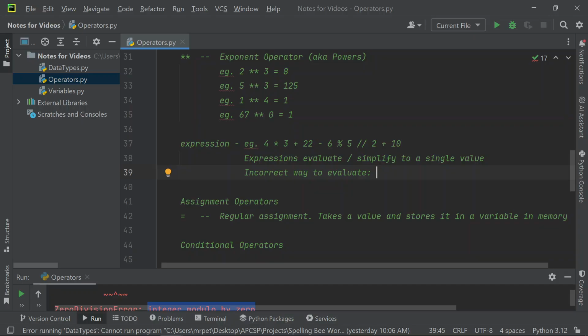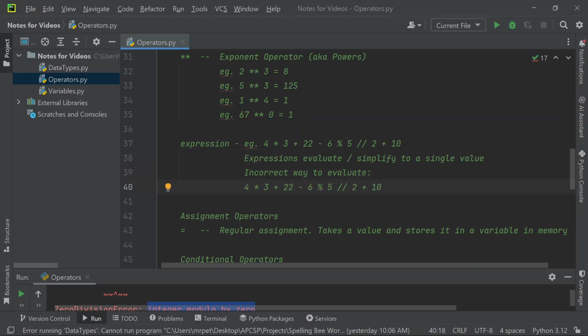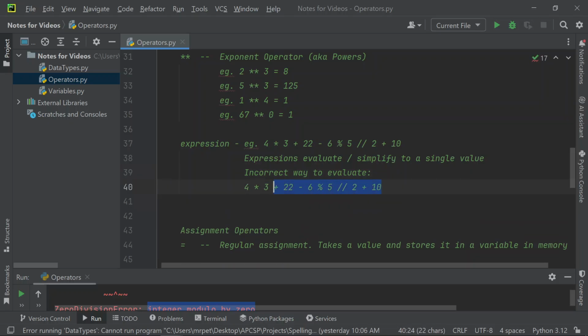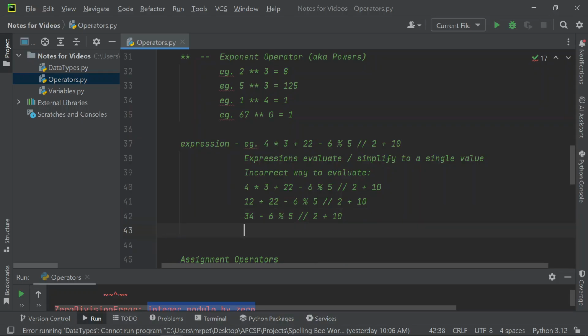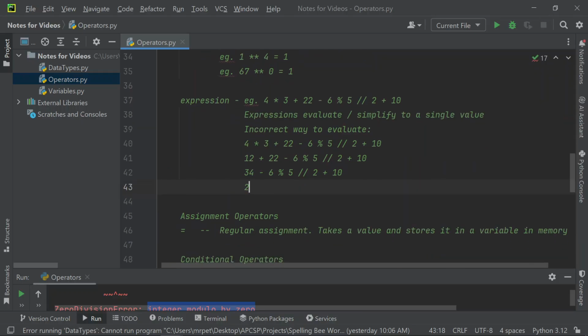Let's keep going. So incorrect way to evaluate this expression. We'll just copy paste that, and we'll copy paste it again. Okay, so first we do 12 plus 22, which is 34. 34 minus 6 is 28.